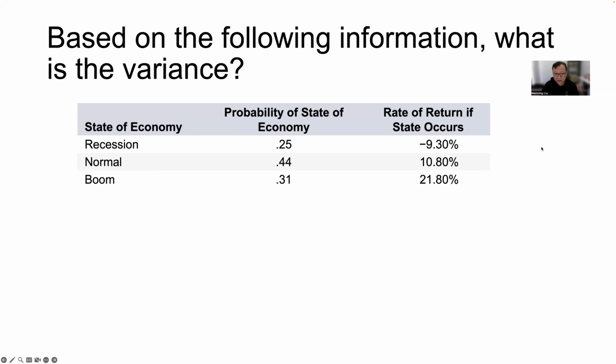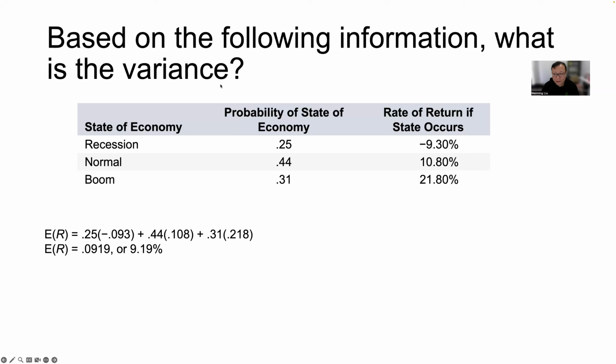It goes like this: you apply the middle column, these are the probabilities, to the returns, and then you add them together. That gives you 9.19%. This is your expected return.